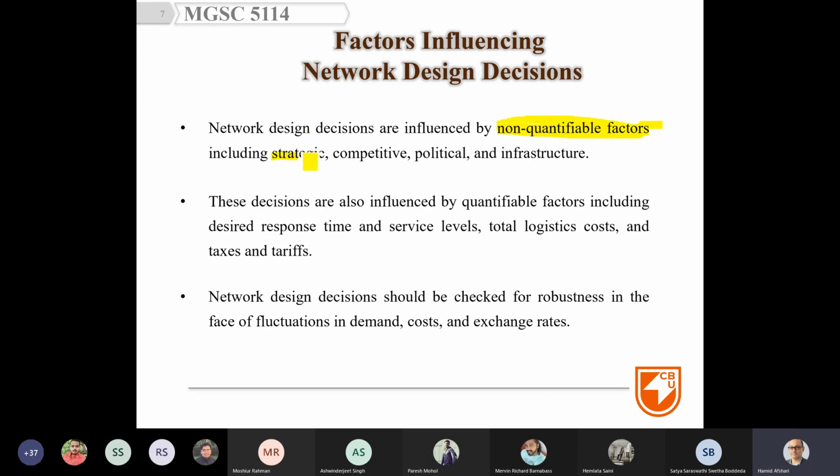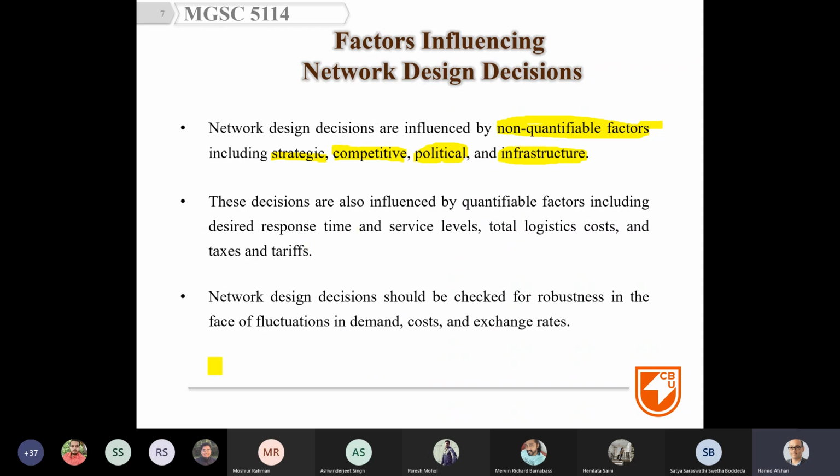Such as strategic items, which type of customers you want to target; competitive factors, do you want to go close to your customers, close to your rivals or far away from them; political factors, do they have a fair judgment system, fair courts in their country, do they have a stabilized government there; and infrastructures, do they have enough roads, enough electricity and, let's say, internet in their country? So these are the factors that are called non-quantifiable factors.